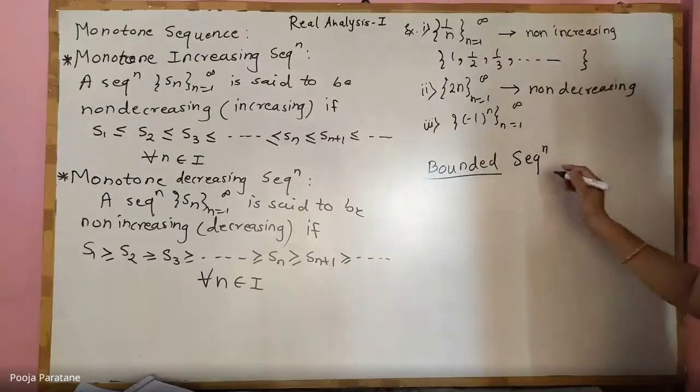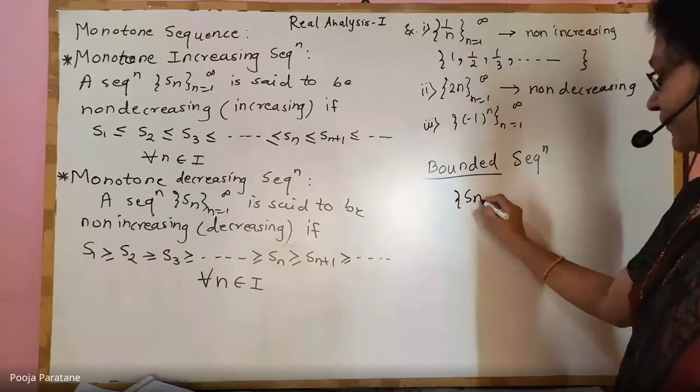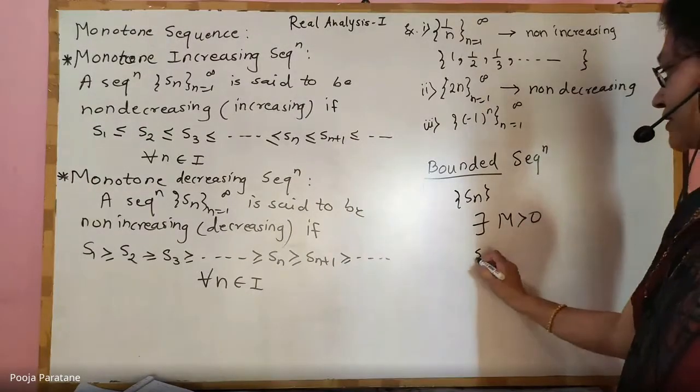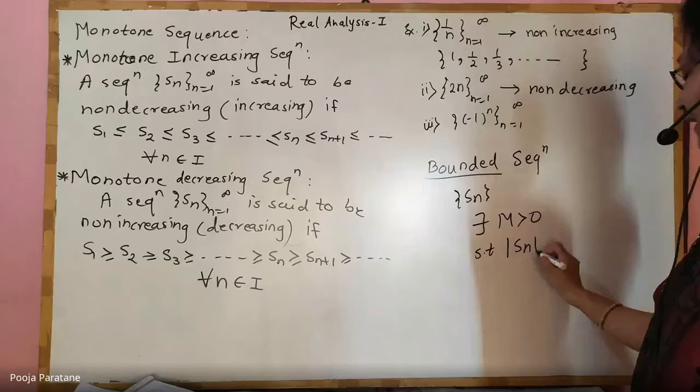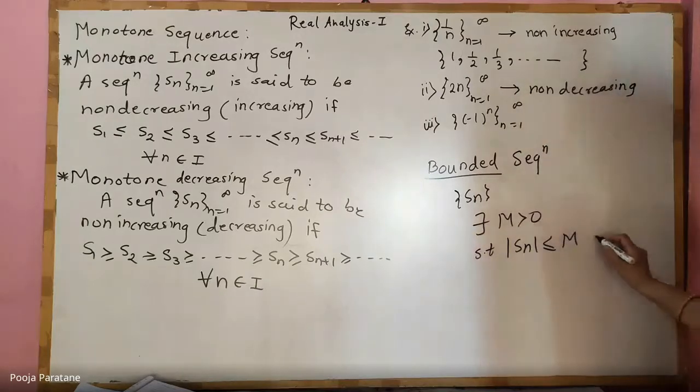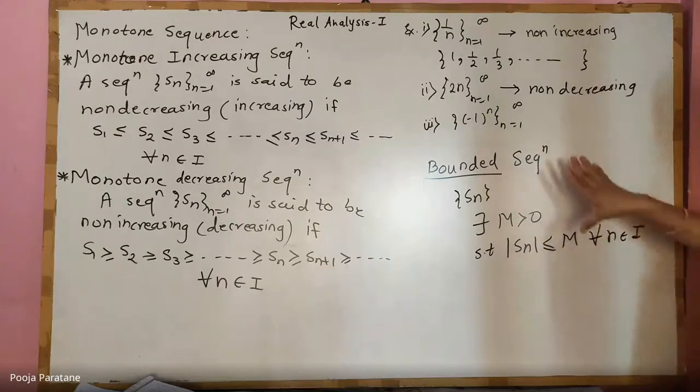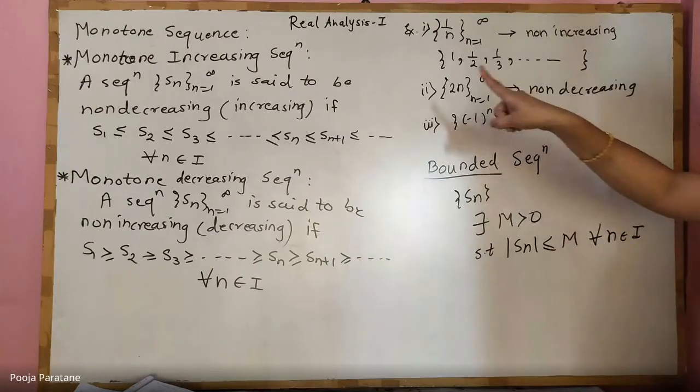We have seen that a sequence is bounded if there exists m greater than 0 such that modulus Sn is less than or equal to m for all n belongs to I.